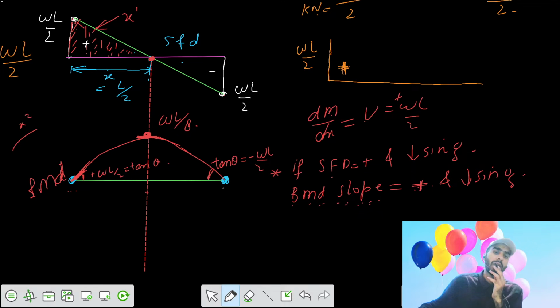Maximum moment is WL squared by 8 at mid span of your length L in the simply supported beam subjected to uniformly distributed load. Hope you understood the problem. Next one.